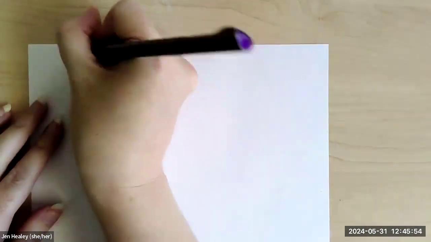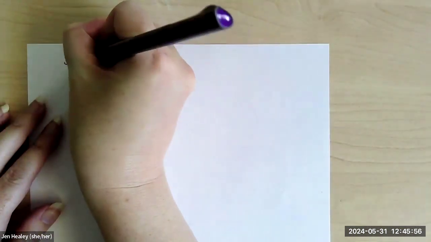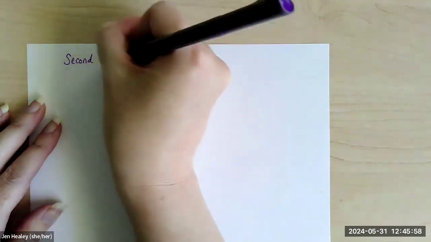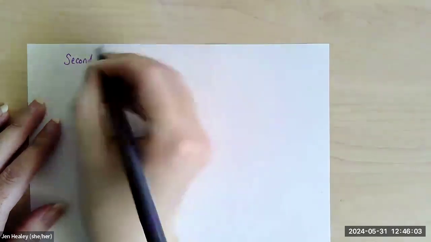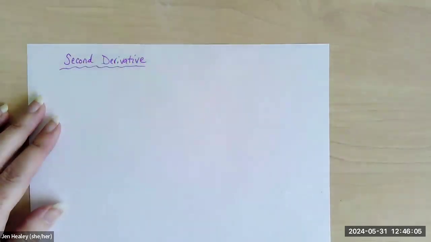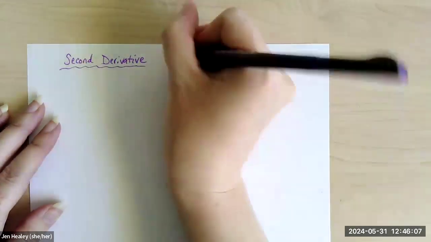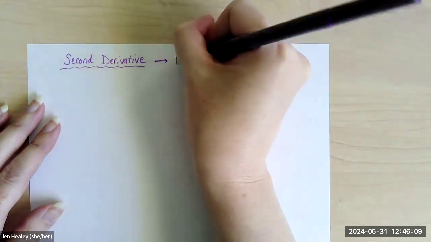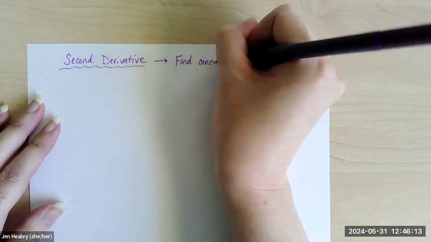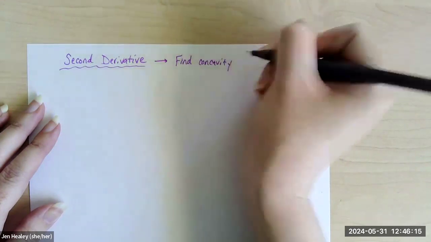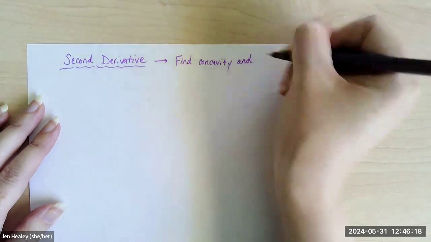So, second derivative, what this can do is this can help us find concavity and inflection points.